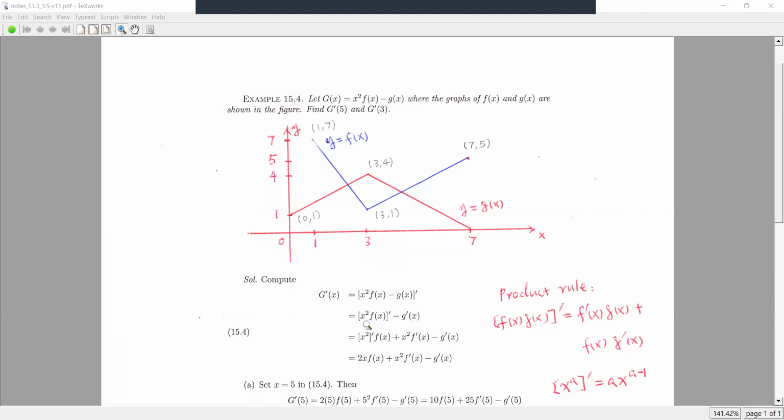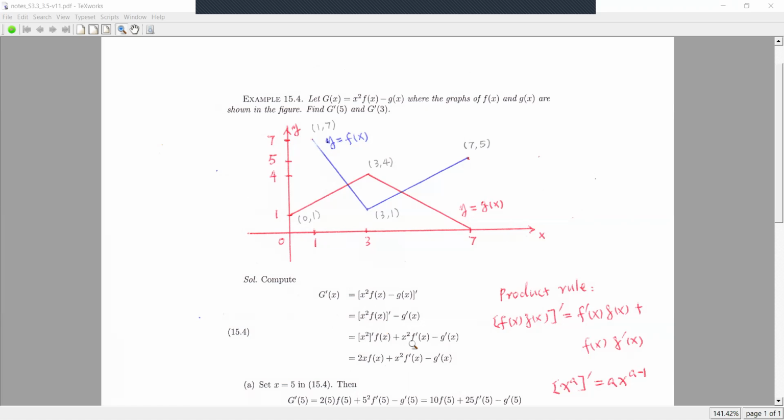To compute this derivative, because the function is a product, x squared times function f, we apply the product rule. By the product rule, this derivative is the derivative of the first function times the second function plus the first function times the derivative of the second function.